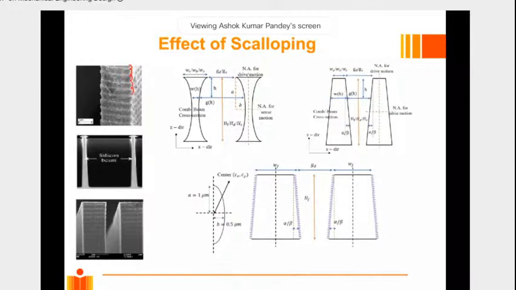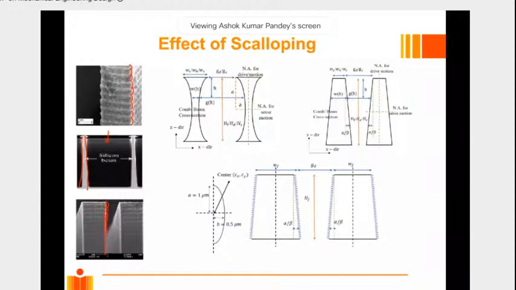Okay, so you can see there is scalloping along the thickness of these structures. And the second thing that may also happen is the slanting. Because the etching is starting from here, you may have a slanting of these. And in the third case, you can have slanting as well as all this which is coming up, right?